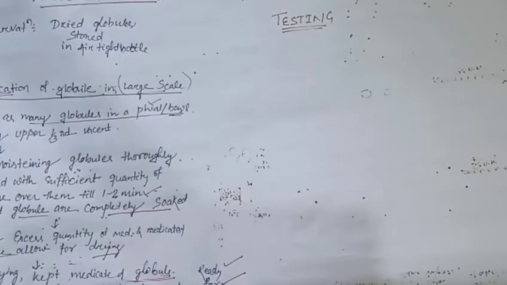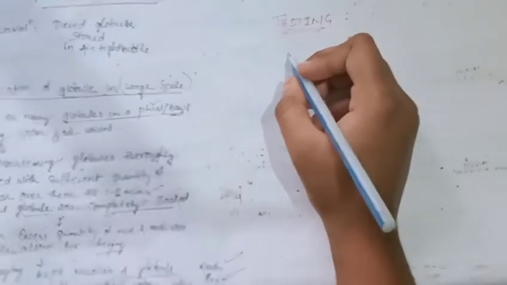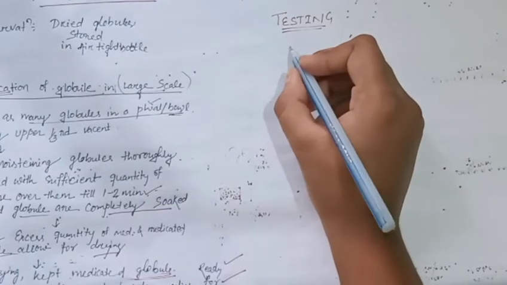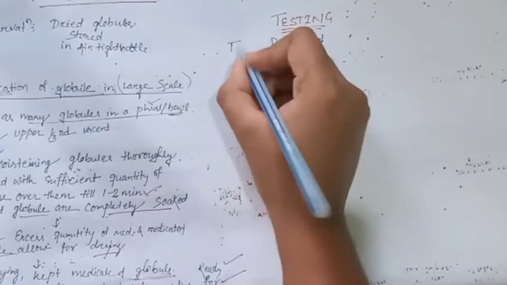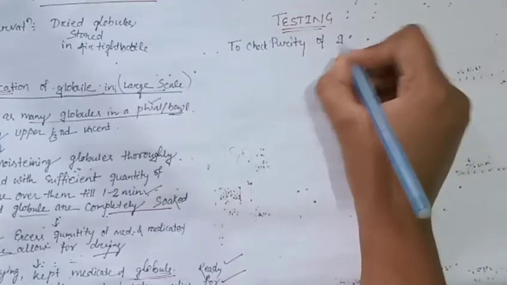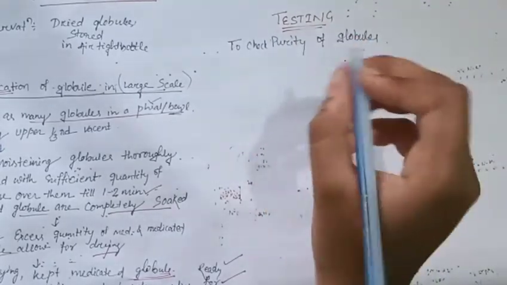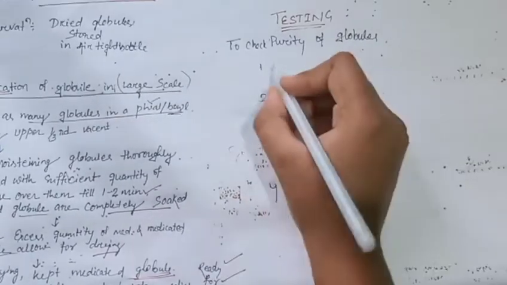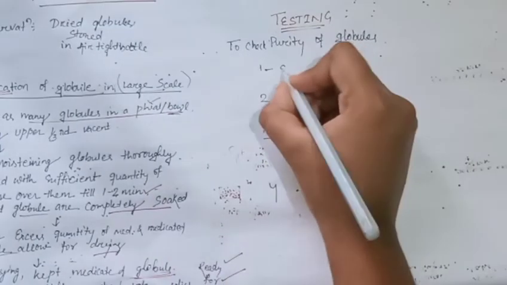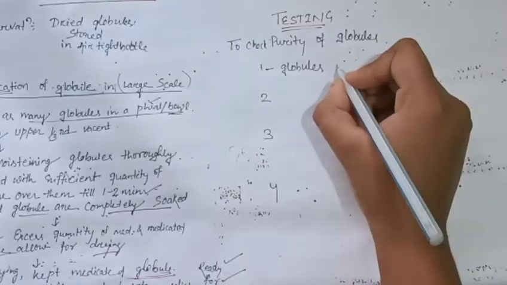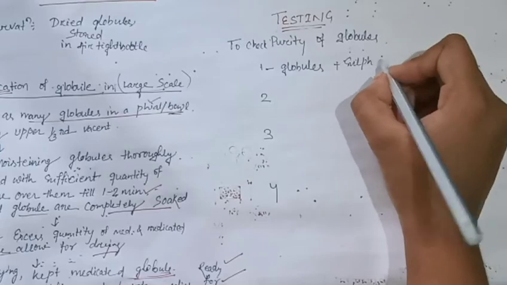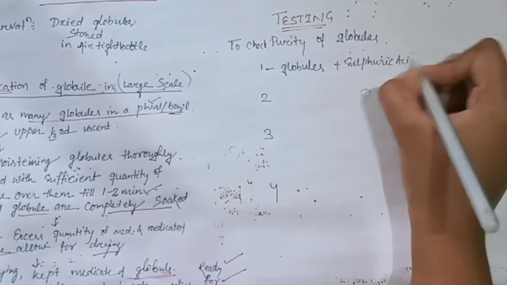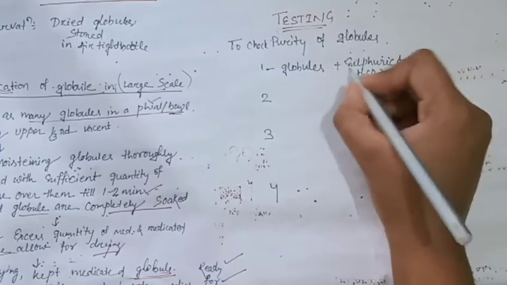Thank you. Now we go towards the testing of globules, that is, how we check the purity of globules. We can distinguish it by 2 to 3 reactions. The first one is when we react globules with concentrated sulfuric acid, H2SO4.